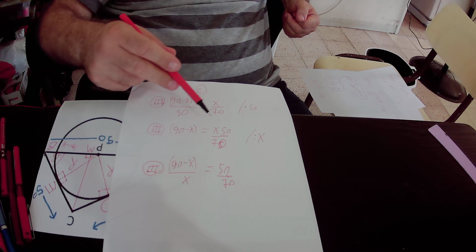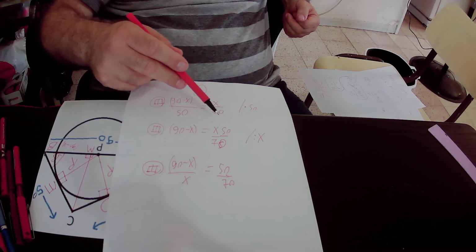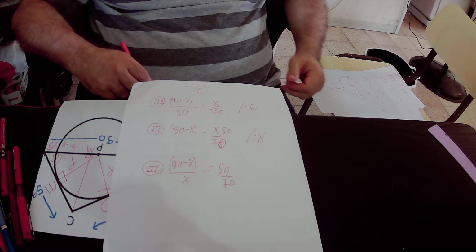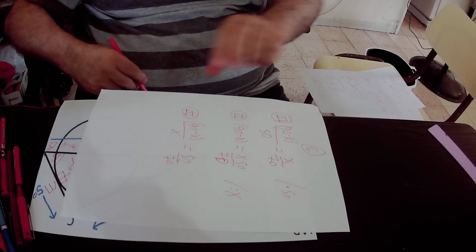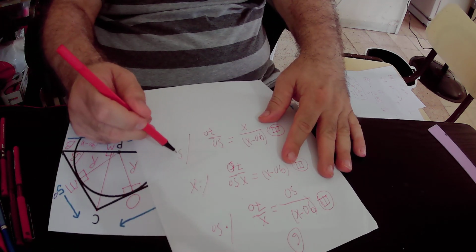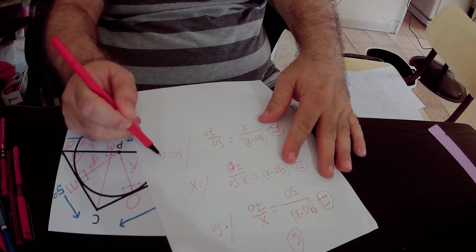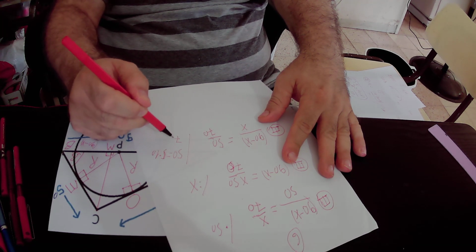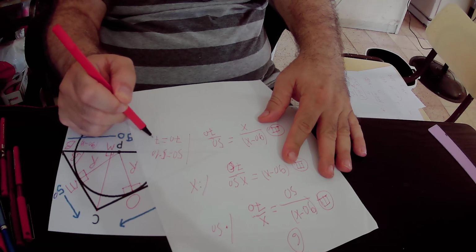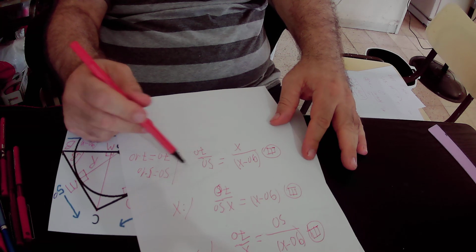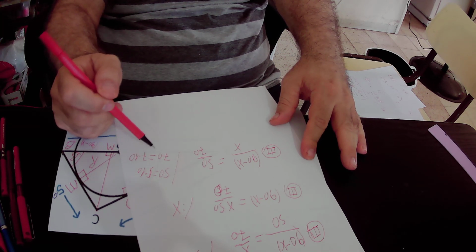So X is cancelled, and we are left only with 50 over 70. But we know that 50 equals 5 times 10, and 70 equals 7 times 10. Okay, so we can substitute 50 by 5 times 10 and 70 by 7 times 10.